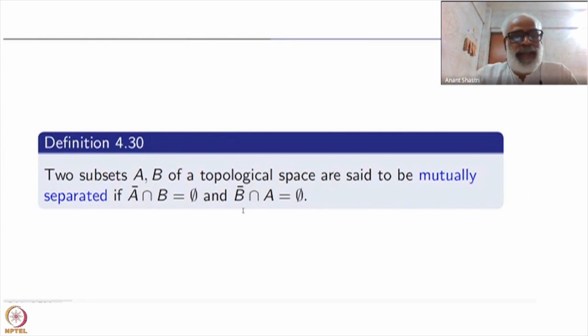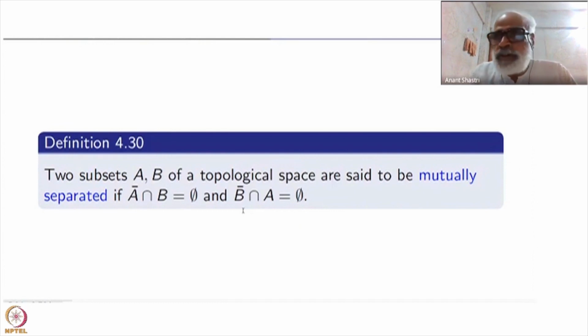So this is a slightly generalized concept of two closed subsets being disjoint. If A and B are closed subsets, then saying they are separated is the same thing as saying they are disjoint. That's all, because A bar is A and B bar is B, right?